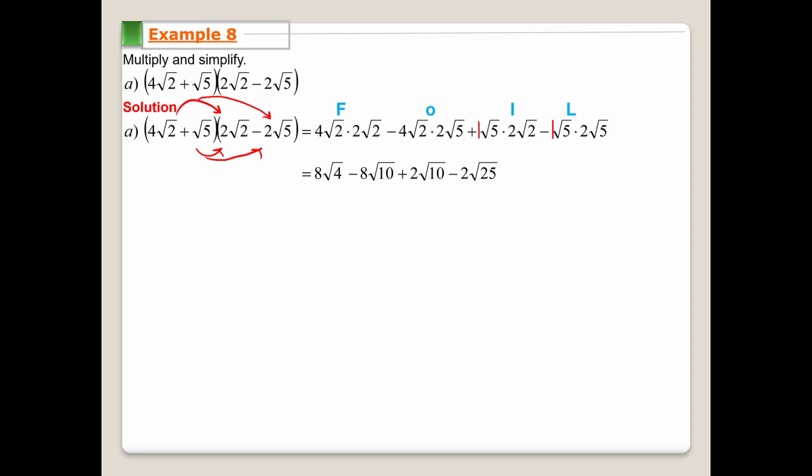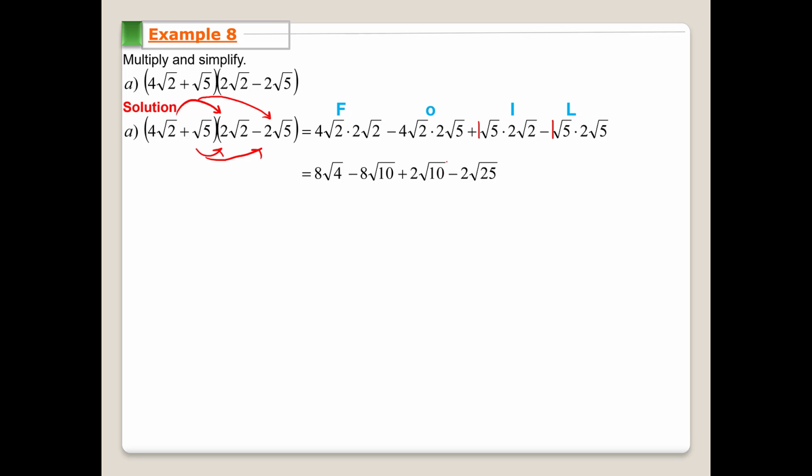And then we just multiplied the radicals as well. So again, we have square root of 2 times square root of 2 gives square root of 4, in this first part, 8 square root of 4. Then we had a 2 and a 5, so that gives us square root of 10. Same thing on the next part. And then we had the square root of 5 times square root of 5 in the last, which gives square root of 25. Now hopefully you can see automatically there, right?